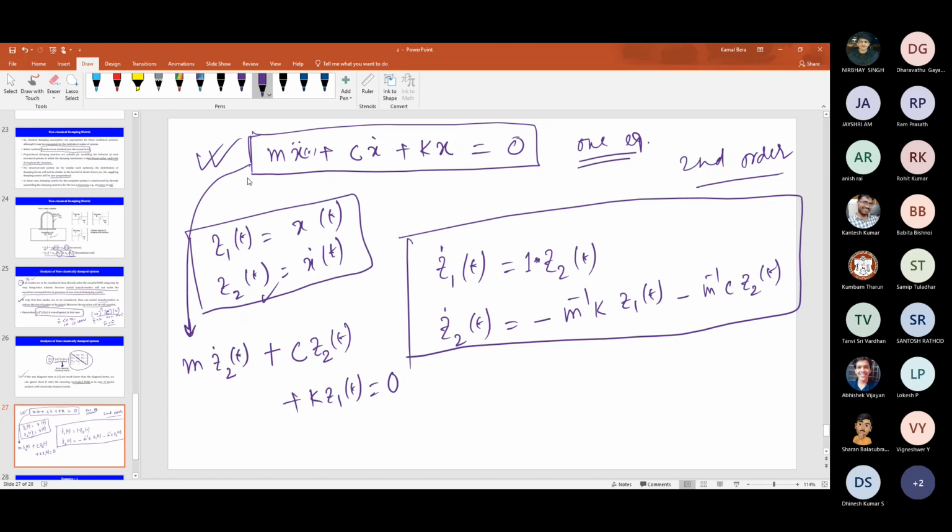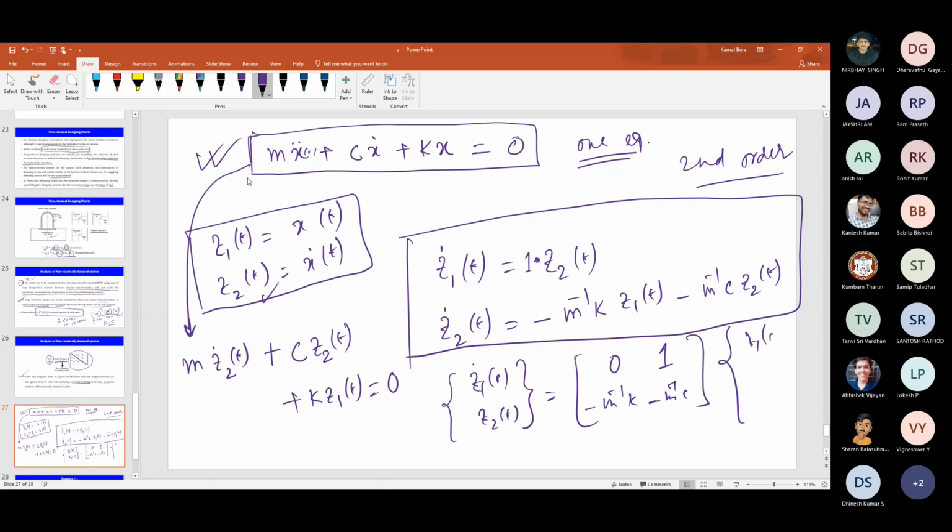Okay. Now I can write it in the matrix form: 0, 1, minus M inverse K, minus M inverse C, times z1, z2. Agree?